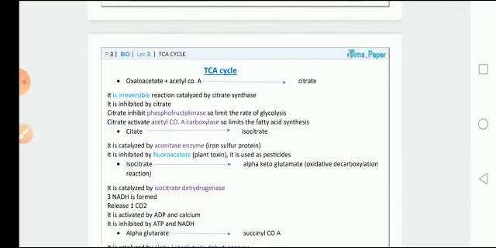Okay, now let's go for the TCA cycle. First of all, oxaloacetate would be condensed with the acetyl-CoA, as we mentioned before, to give something known as citrate. This condensation is irreversible and it's catalyzed by an enzyme known as citrate synthase.